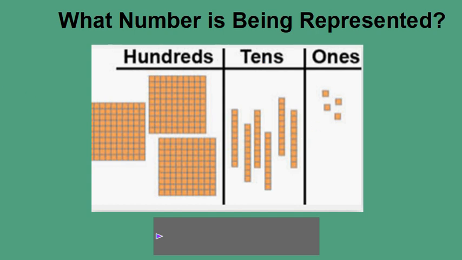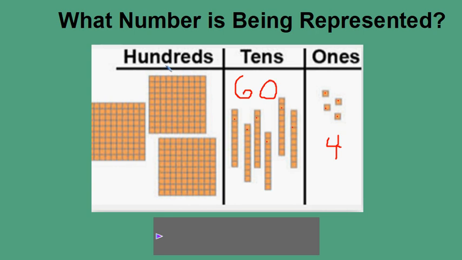Okay, let's take a look here. How many ones do we have? 1, 2, 3, 4. There's a 4 in the ones place. How many tens do we have? 1, 2, 3, 4, 5, 6. 6 tens. 6 times 10, 60.